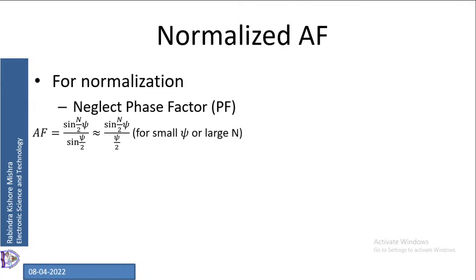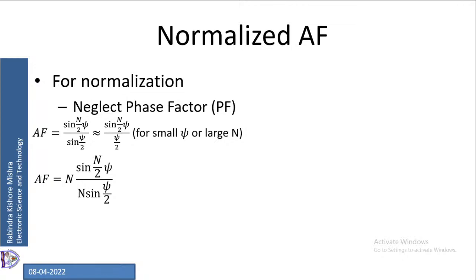So using that concept, we can say the array factor is equal to sin(n psi by 2) by sin(psi by 2), which is approximately equal to sin(n psi by 2) divided by (psi by 2). In most practical cases you will get a small psi or you will get a large number n. Therefore, there is no problem in making this approximation.